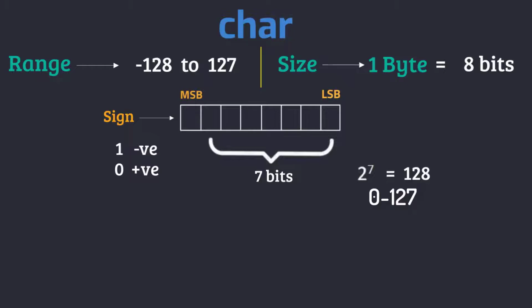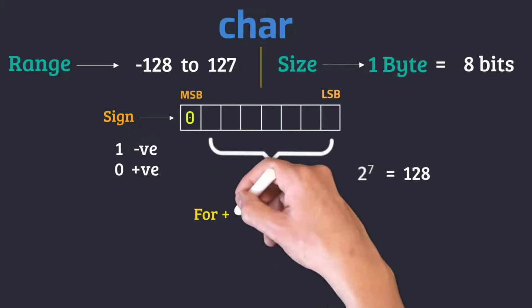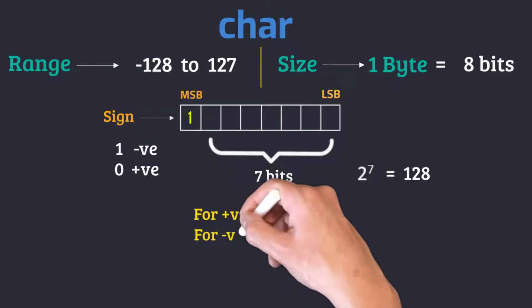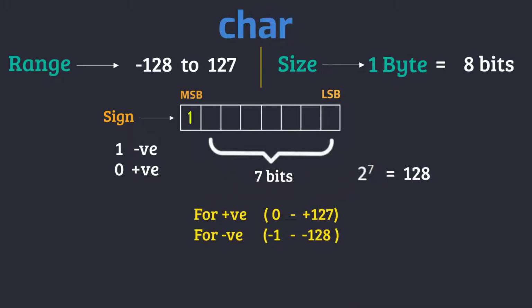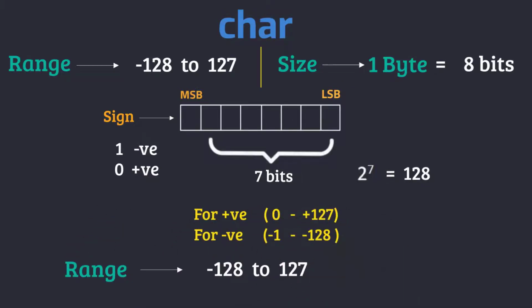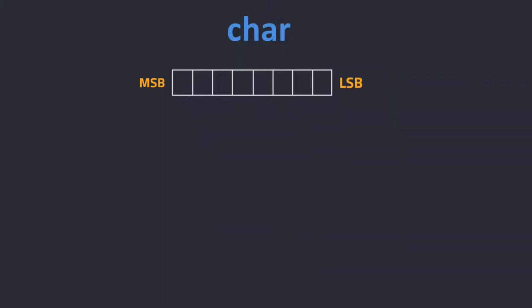Now if we assign MSB 0, then the range on the positive side would become 0 to 127. Similarly, if we assign 1 to MSB, then this time the range would start from -1, because there is no number like -0. And the range would go from -1 to -128 on the negative side. And this is how the range of char data type goes from -128 to 127.